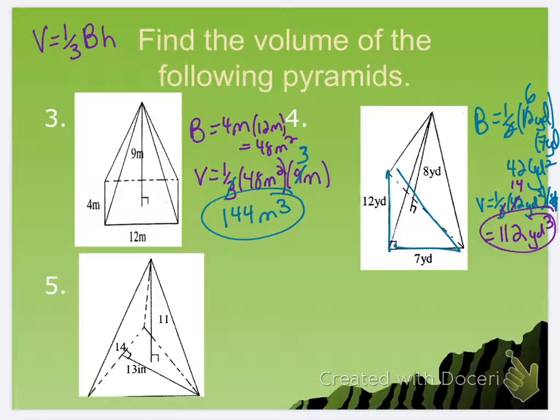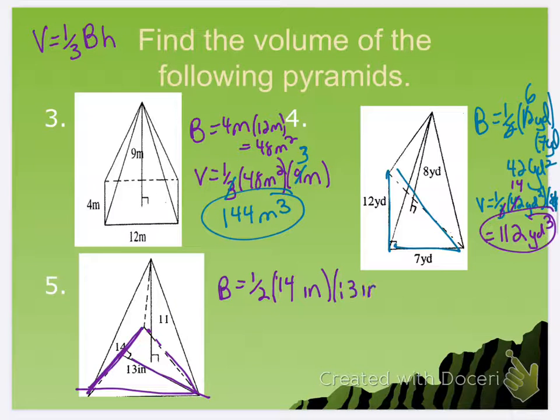And then the last one again is volume of a triangular pyramid, which means we have our base as a triangle. So B equals 1/2 base, which is that 14 inches, and then we have our height, which is 13 inches. Half of 14 is 7. 7 times 13 is 91 inches squared.